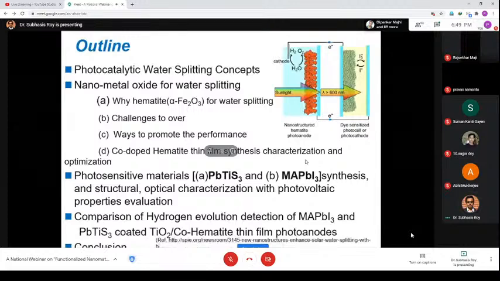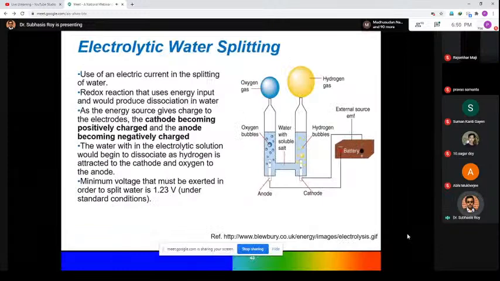So our target is to fabricate this anode and cathode with a perovskite material having light absorption property, giving electric current from absorbing the light, and that current reduces the induced voltage of the battery. That means we don't need to supply 1.23 volt. It will come down slowly to below 1 volt.